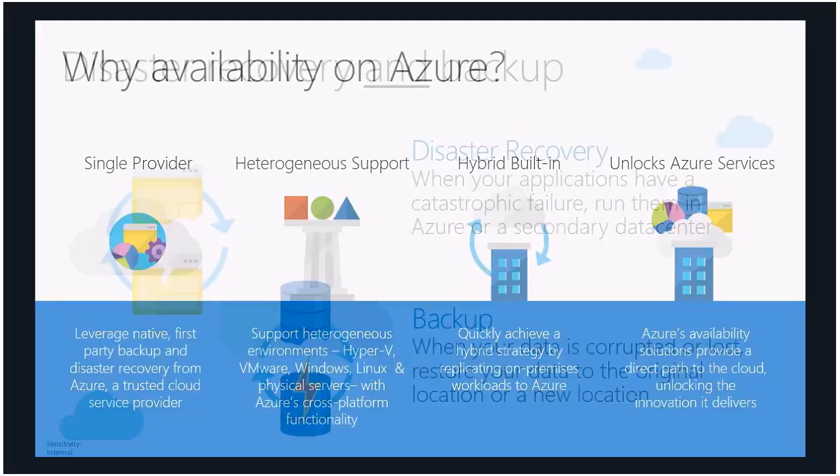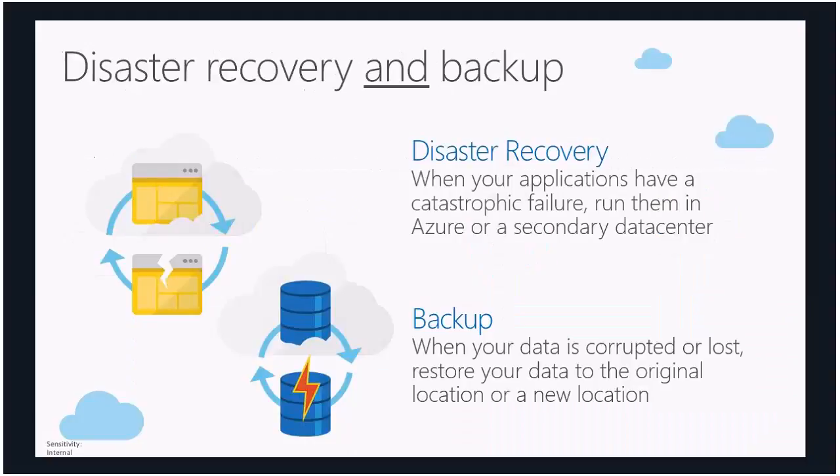So when we talk about disaster recovery and backup, it's actually two pieces together, BCDR. We need the disaster recovery for when our applications have a failure with the app itself, so that we can run them in Azure or in a secondary data center. So these solutions work better together. The DR is for those application type of failures, failing over to one site or another or into Azure.